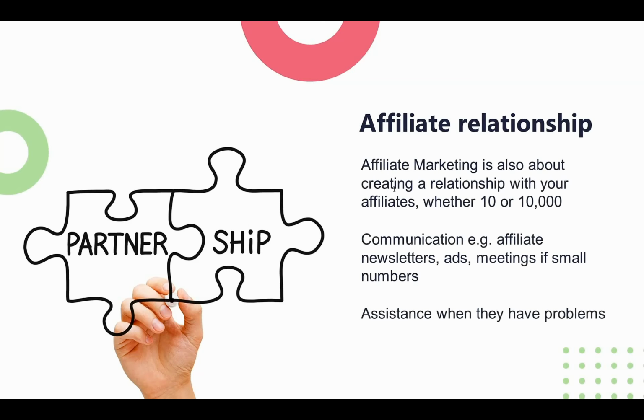You need to nurture these partnerships because they can bring you a huge source of almost passive income, and there are plenty of networks and programs out there, so they don't have to choose you. If you maintain the relationship with them, then the chances of them continuing to promote your product or service is higher.